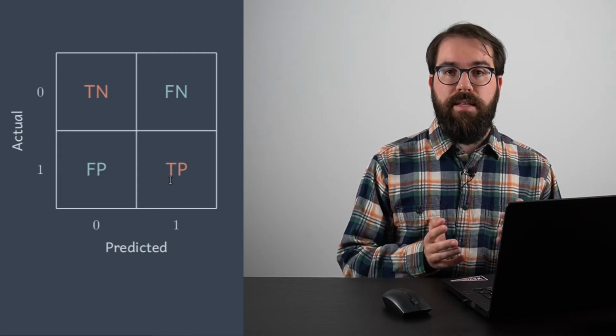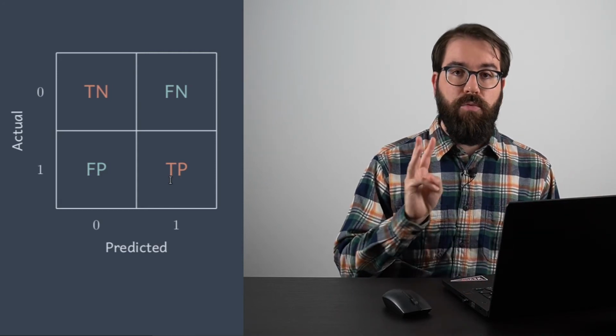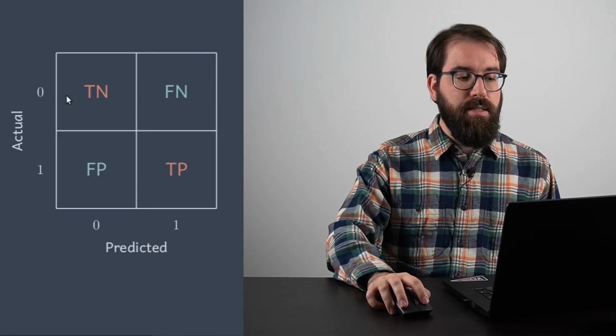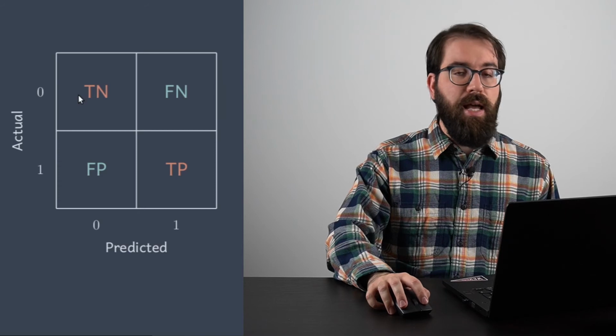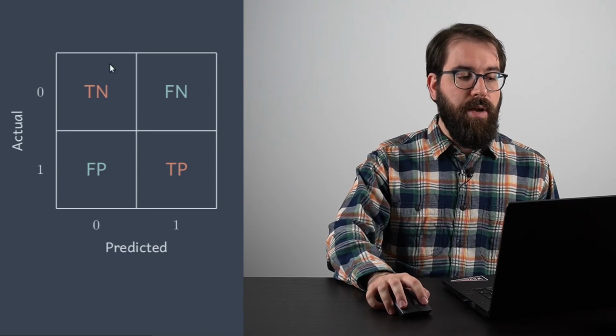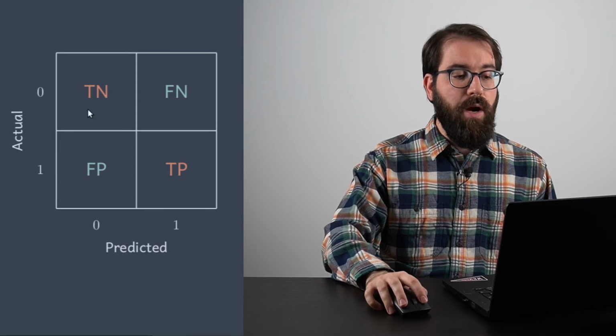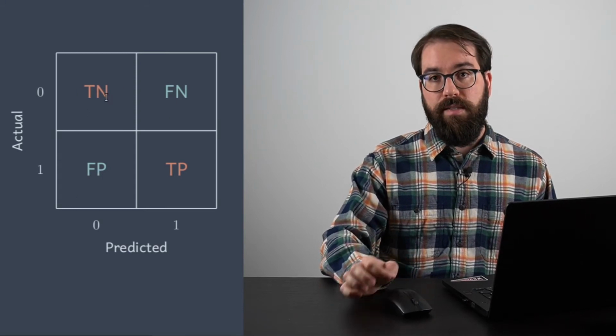Or you can normalize the confusion matrix, and there are basically 3 ways of normalizing it. You can normalize it row-wise in this direction, column-wise in this direction, or overall, dividing all the squares by the total number of examples.